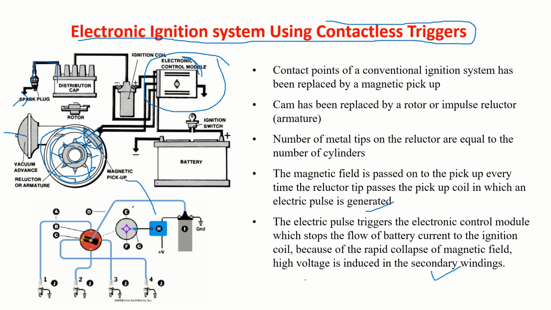Of course, there will be a condenser and all those things to make the current flow in the reverse direction. High voltage will be induced in the secondary windings, and then that will flow to the distributor, and from there to the spark plug. So now this becomes more reliable.